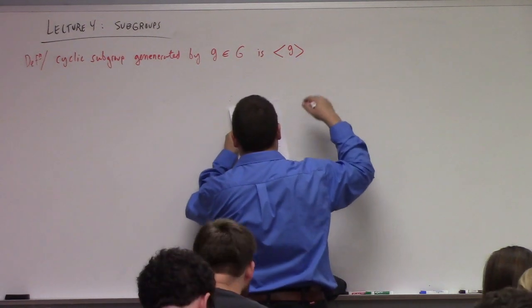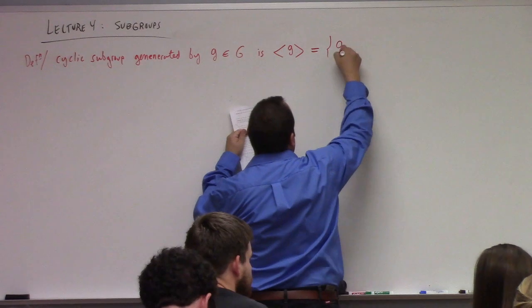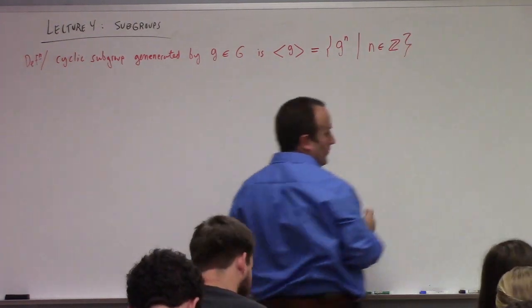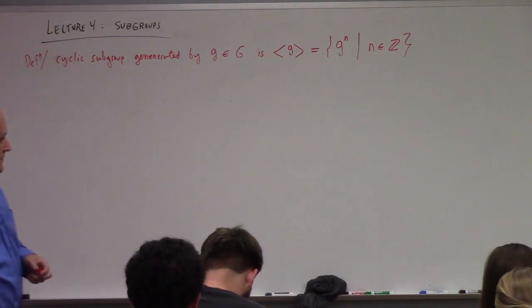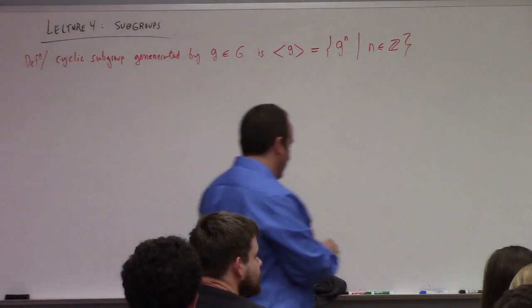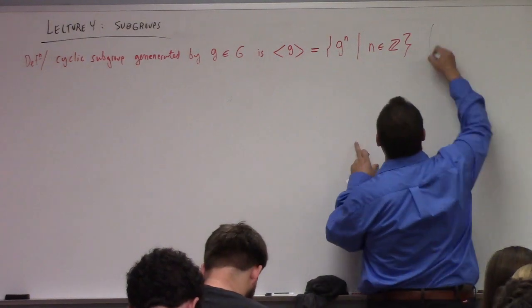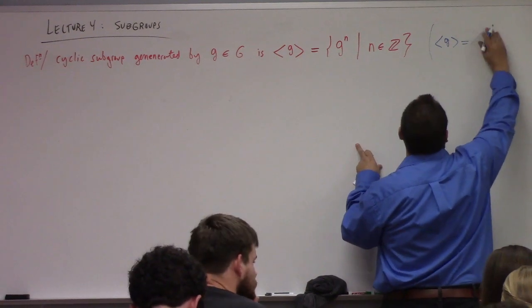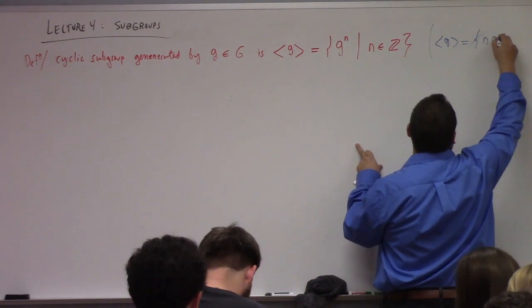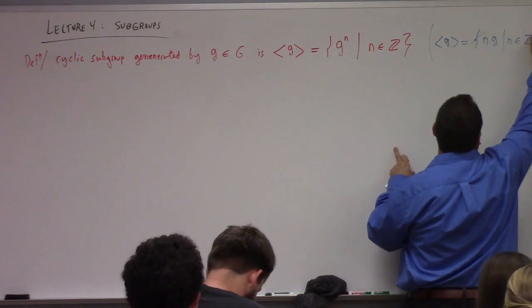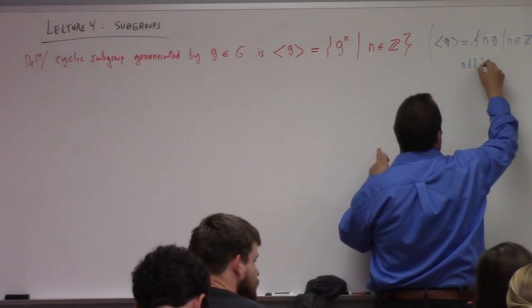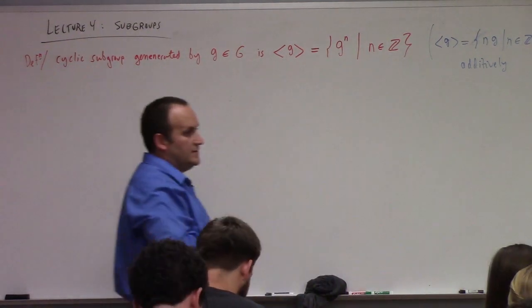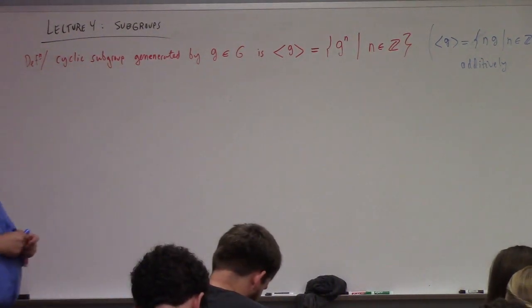And that, by definition, folks, is g to the n, such that n is an element of Z. All right? Or, additively, what would this be? In the additive case, that's the cyclic subgroup generated by g.